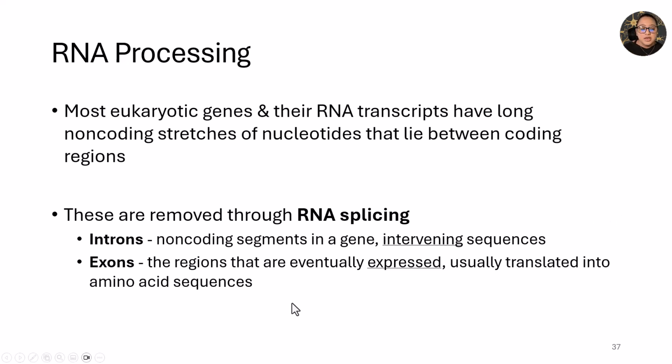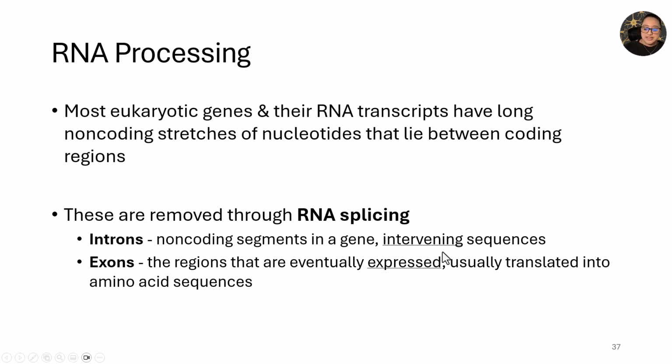The names for these different regions are kind of inverse, it feels like. Introns are what are going to get cut out. Introns are the non-coding segments of a gene, just the fluff. And these are intervening sequences. That's why I think they're called introns, intervening. Or that's how you can remember it.